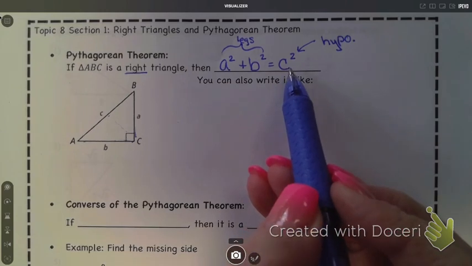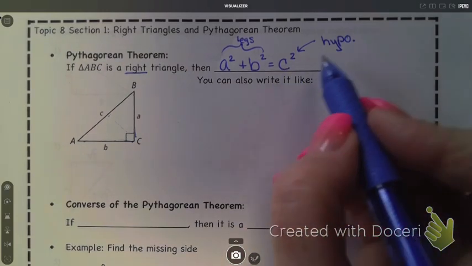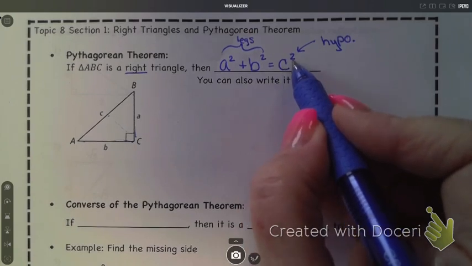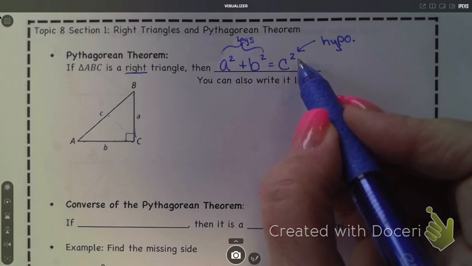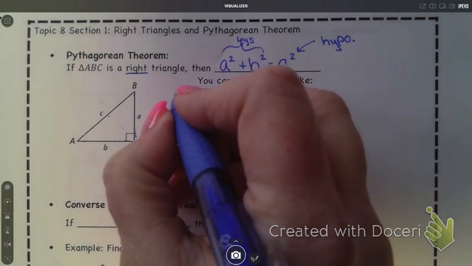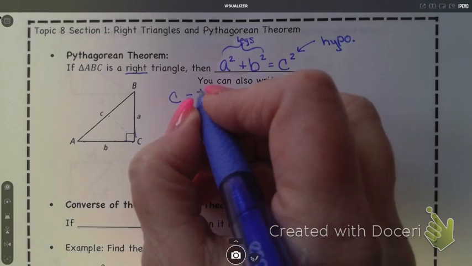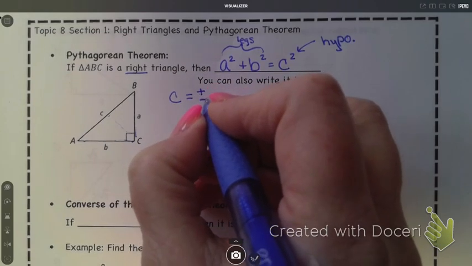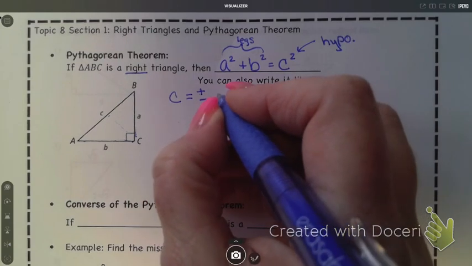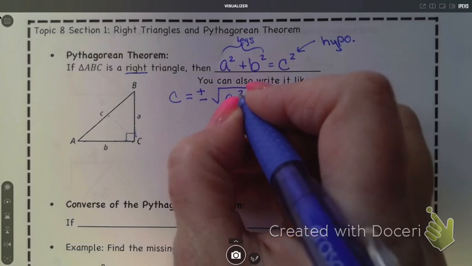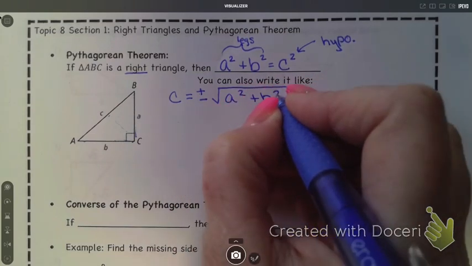Okay, so if I wanted to solve this just for C, because I have C squared, how do you undo a square? Square root. So I would have C equals, and when I take a square root, it's always plus or minus. Whoever's jiggling, can you please stop? The square root of A squared plus B squared.